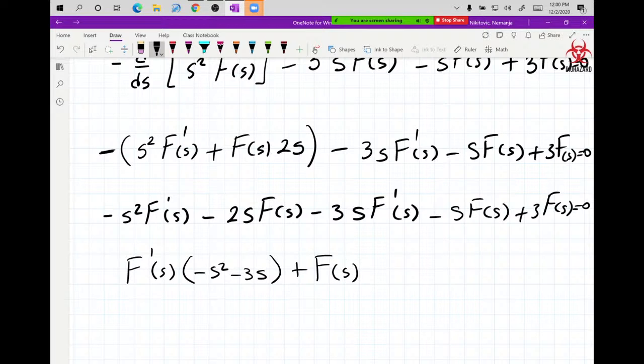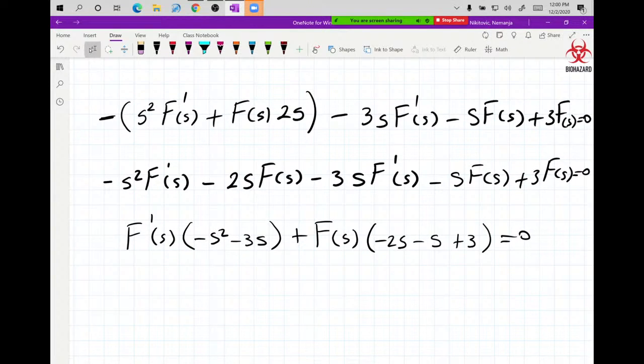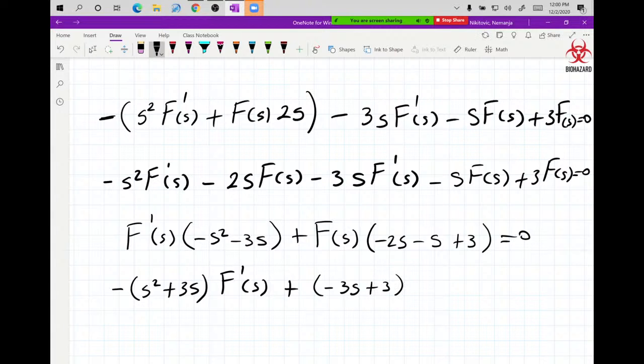Oh, there it is. Okay, good. Now we're good. I panicked too early. When I do this, I get negative 2s from this term, I get a negative s from this term, and I get plus 3 equal to 0. Okay. So this becomes negative s squared plus 3s f prime of s plus, and this becomes negative 3s plus 3 f of s equals 0.